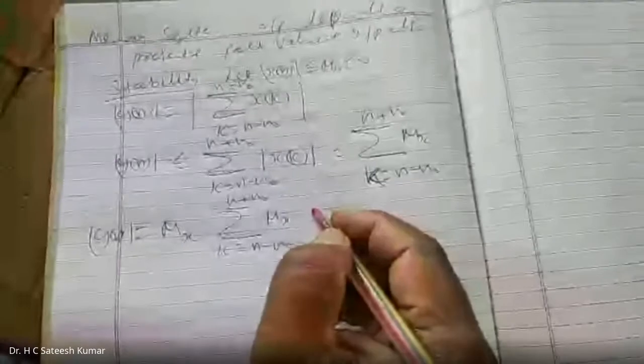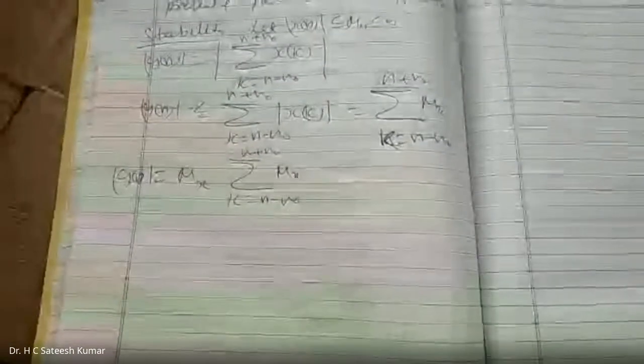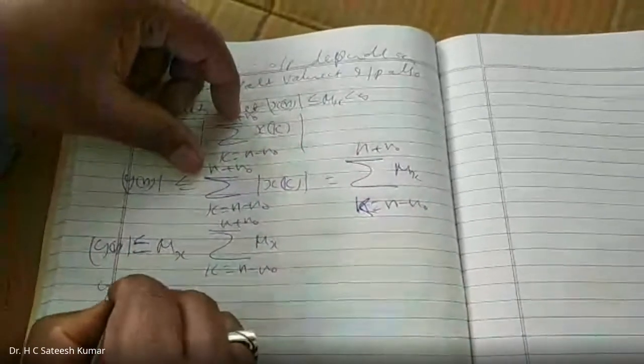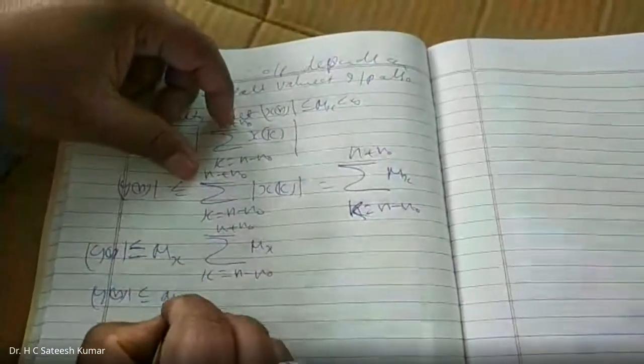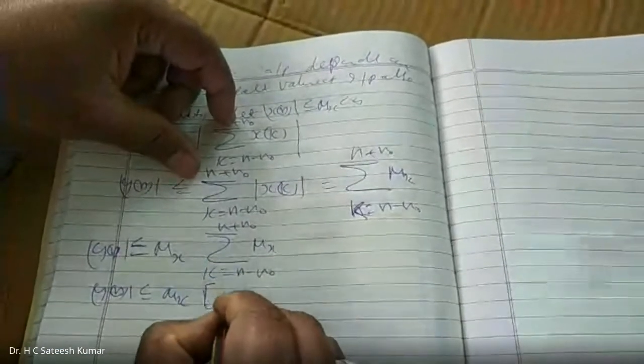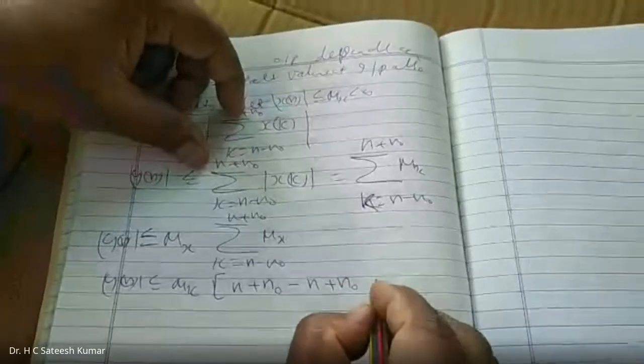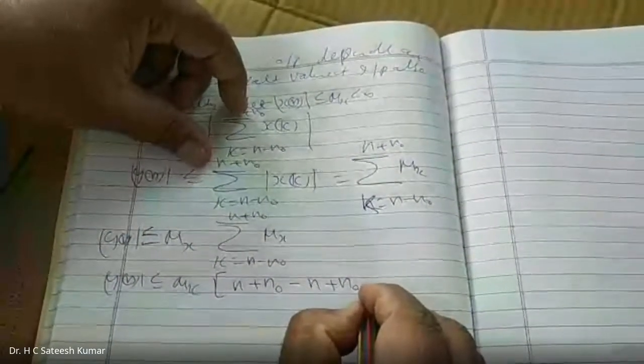Okay, right. So therefore, you can write magnitude of y of n is less than or equal to mx into n plus n naught minus n plus n naught, b minus a plus 1.